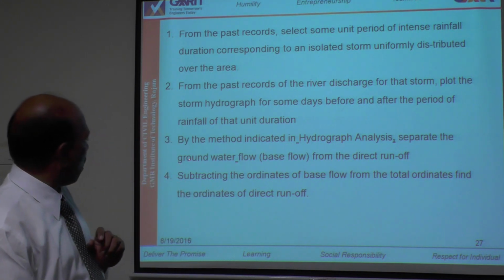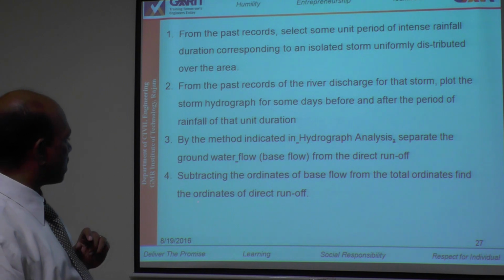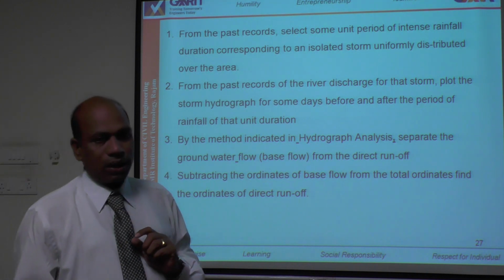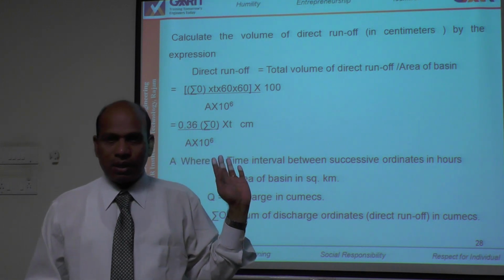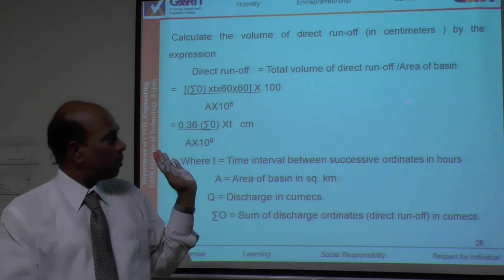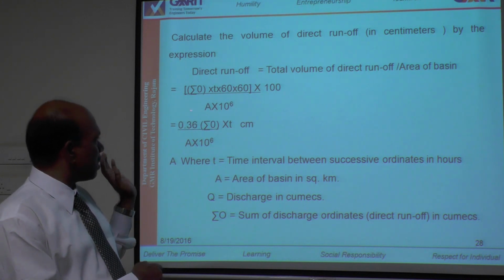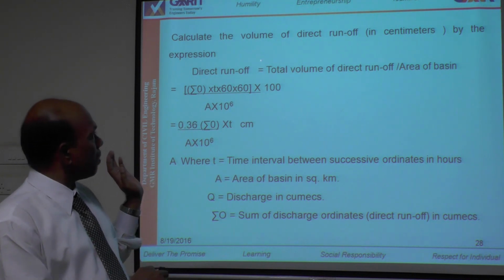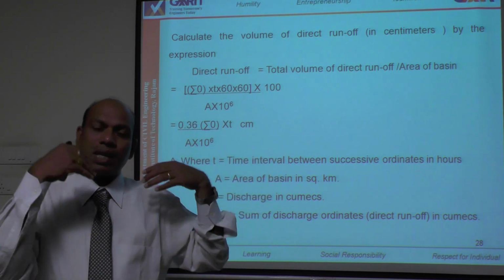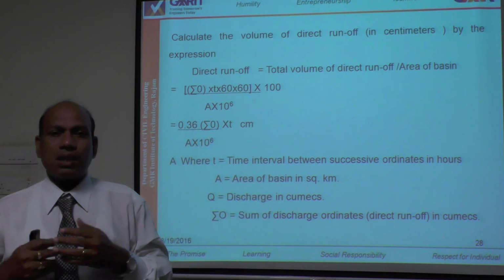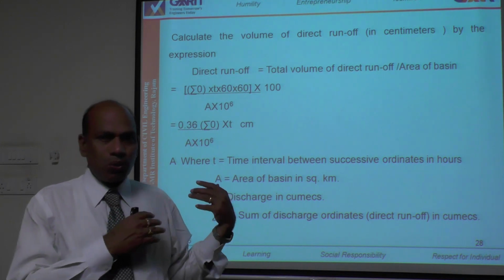So for direct runoff ordinates, subtract the ordinates of base flow from the total discharge ordinates, then we have the direct runoff ordinates. Already we solved one problem just now. So this is the formula for the determination of direct runoff ordinates. Why are we going to estimate the direct runoff depth, and also determine the direct runoff ordinates? These are necessary for the construction of unit hydrograph. So now go to unit hydrograph.